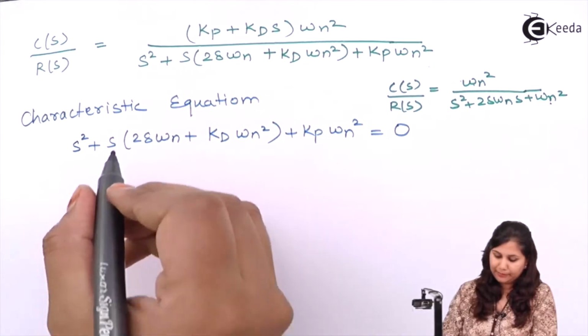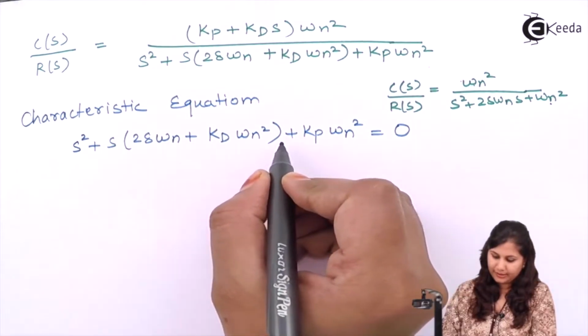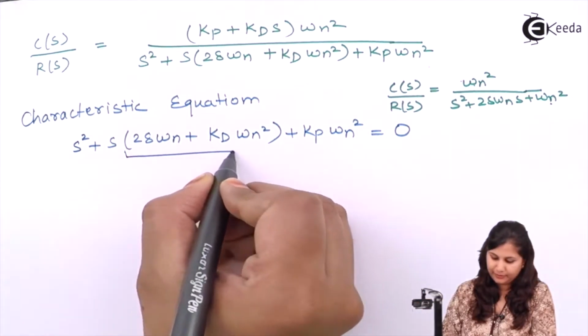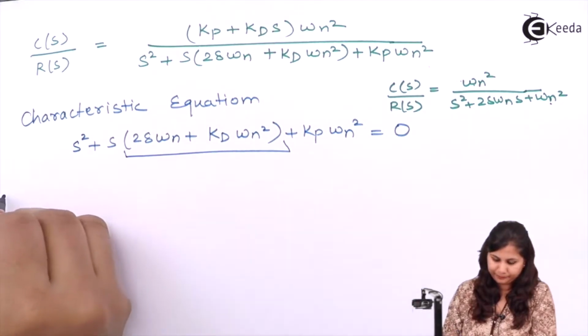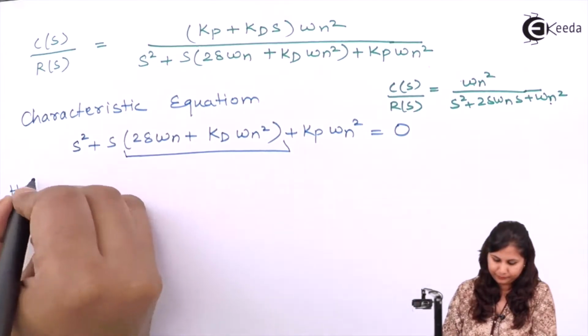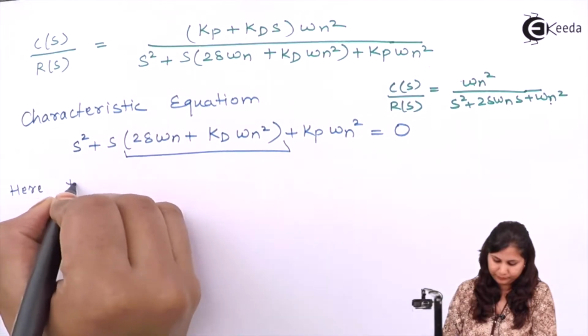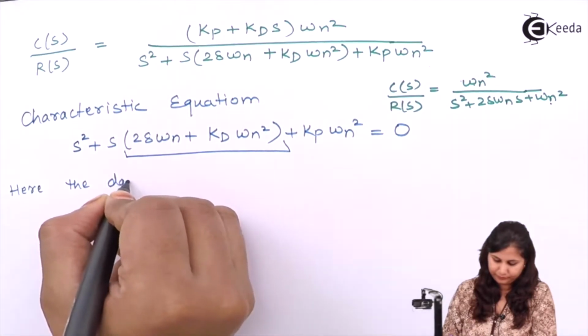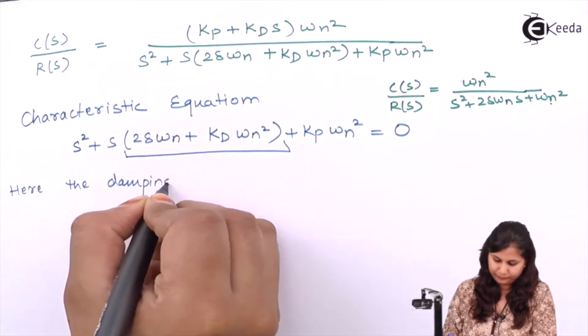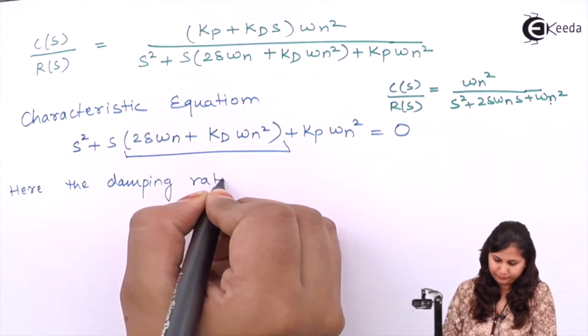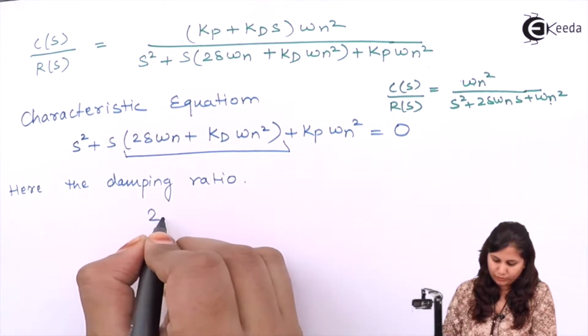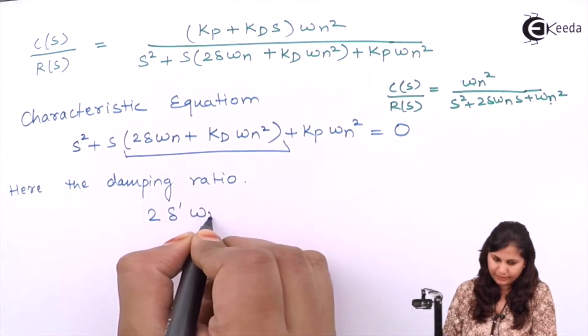Now the damping ratio is given by 2 delta dash omega n.